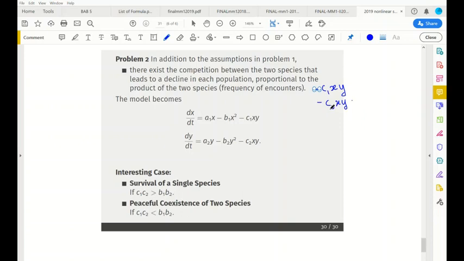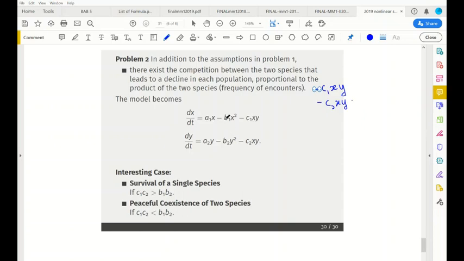So there are some interesting cases actually for this problem. The first one is survival of a single species. This happens if we have the constant c1 multiplied with c2. Let's say we have certain numbers for all the constants here. Then we check the value here multiplied with the value here.